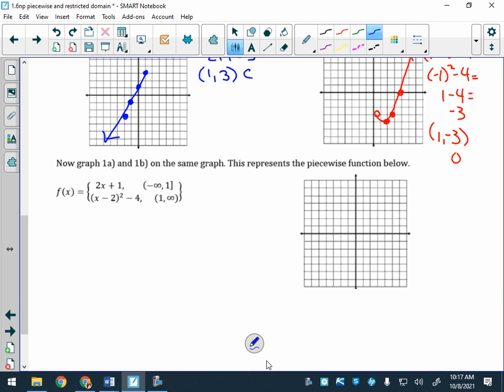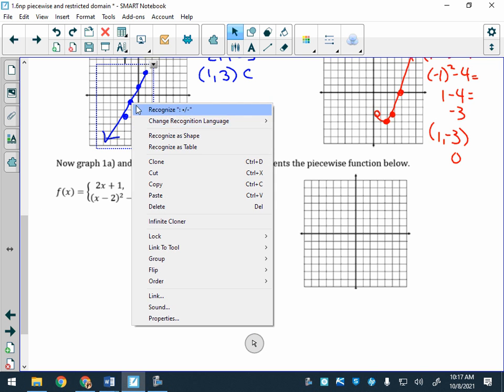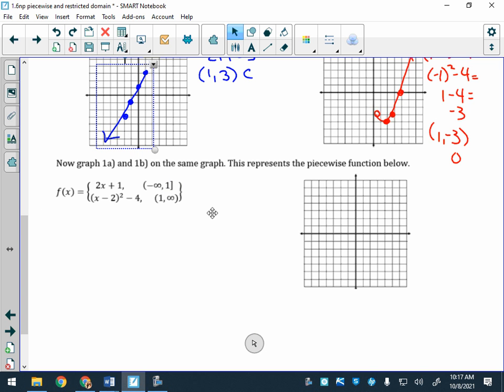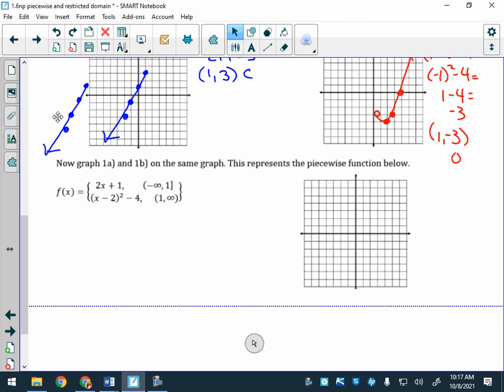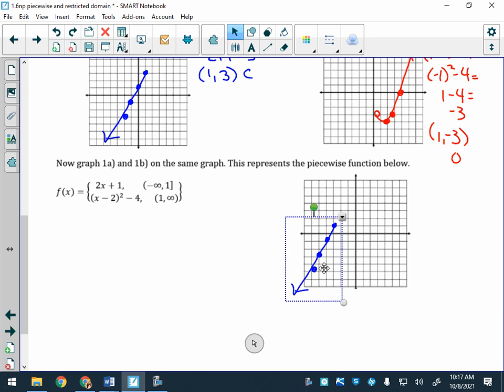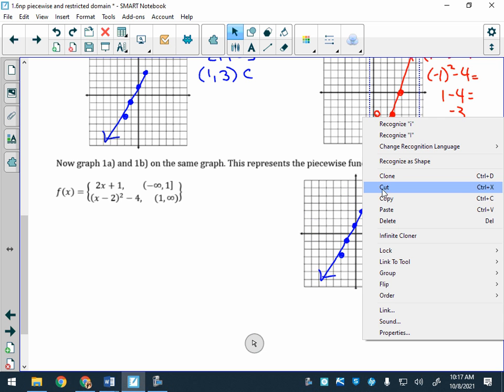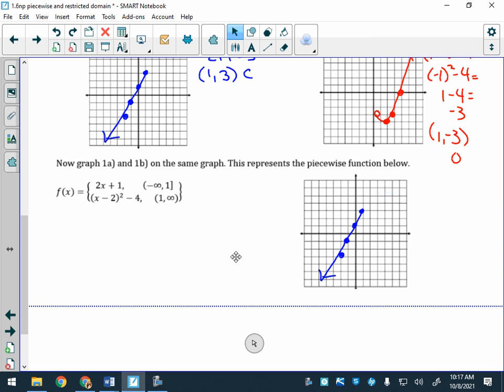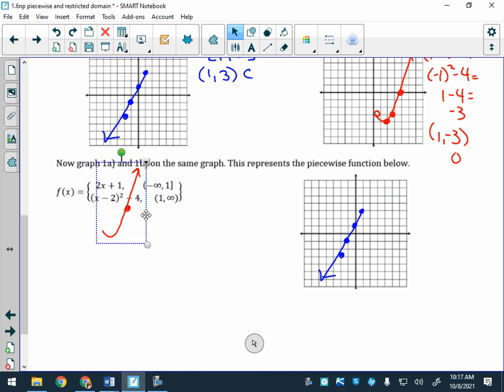So, let me try this in the other class. Let's see if it works. This is what a piecewise function looks like. Your first equation and the domain, second equation and that domain. This one is here. Shows 1 point, but that's fine.